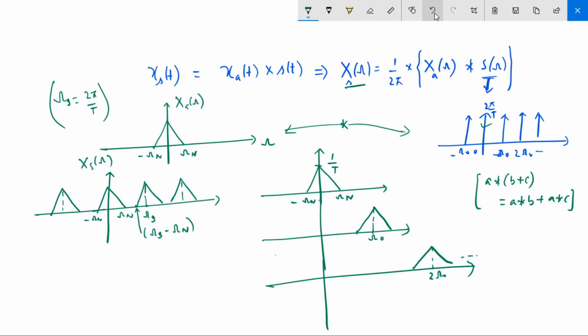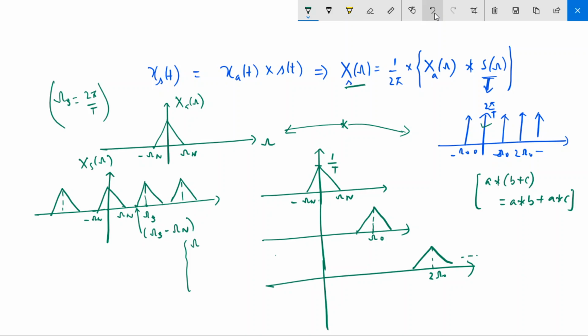So this is omega s, and this point here will be omega s minus omega n, because this total is omega s, and this point is equal to omega naught. From this point to this and this to this is the same interval, so this is omega n. If I subtract this from this, this frequency will be omega s minus omega n.